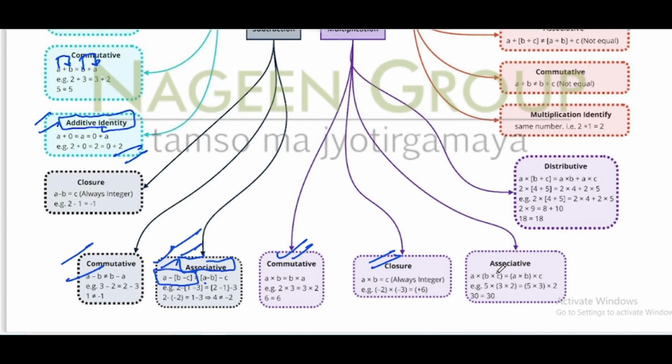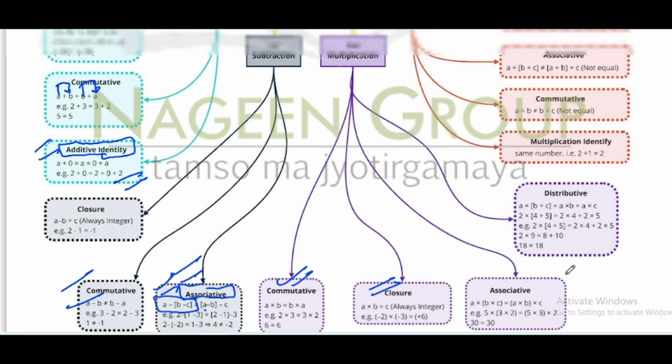Next is associative property of multiplication. If we multiply A to the product of B and C, it is equal to the product of A and B, into C.